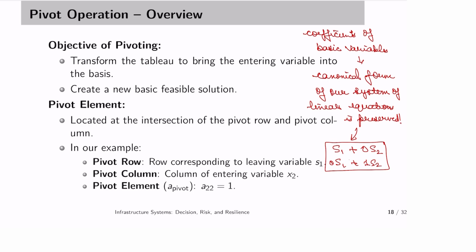In one row, only one basic variable has coefficient 1 and the other has coefficient 0. Similarly, in the second row, only S2 has coefficient of 1 and S1 has value equal to 0. So whatever value we have on the right hand side, RHS, is going to be the value of S1 and S2 directly.